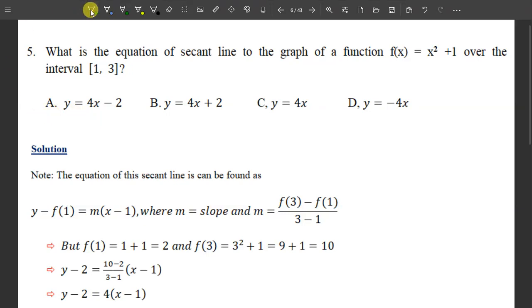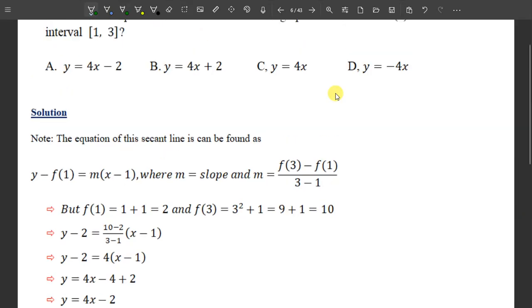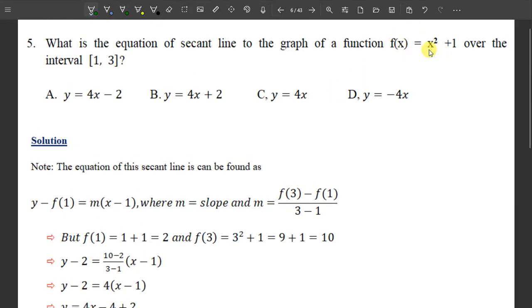As you can see here, the equation of this secant line can be found as follows. What we have to do is find the 2 points on this interval which lie on this function.